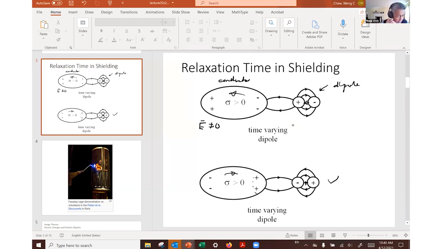However, you can show that the electric field has a penetration depth, very much like the skin depth. We have earlier looked at the skin depth formula, that the penetration depth of an electromagnetic field into a conductor surface is proportional to this depth.